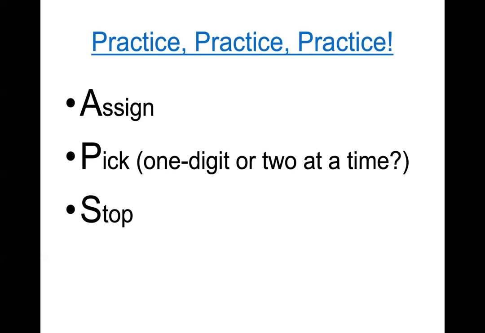Then the next step you want to explain is when to stop the trial. In the example, we stopped the trial once a boy was picked, or once an odd number was picked. So you want to specify when each trial ends.